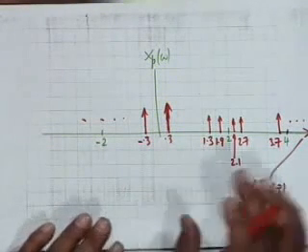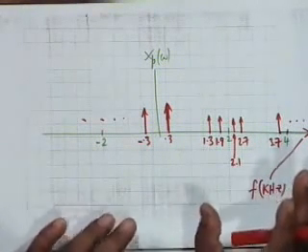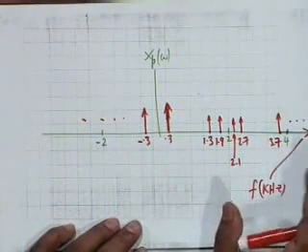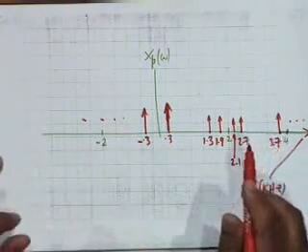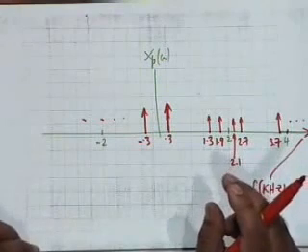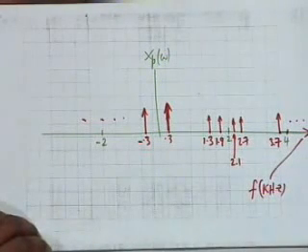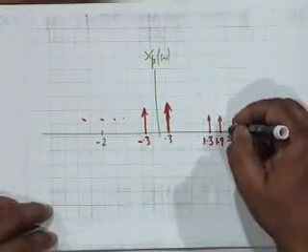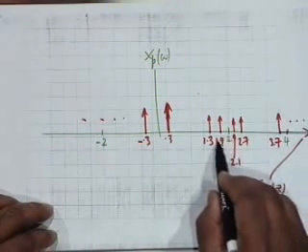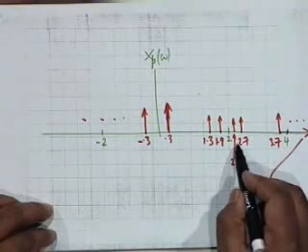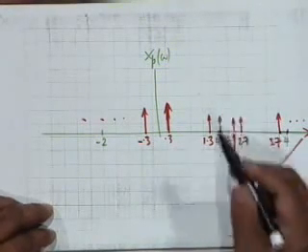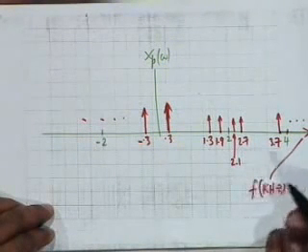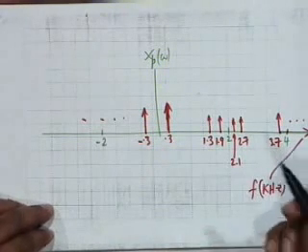The point to note is that there is no aliasing, because the original signal can now be recovered if you use a low pass filter which cuts off anywhere between 1.9 and 2.1. It could be 2 kilohertz, for example. The pass band could extend from 0 to 2 kilohertz.